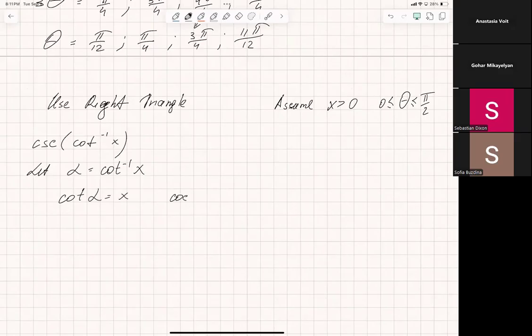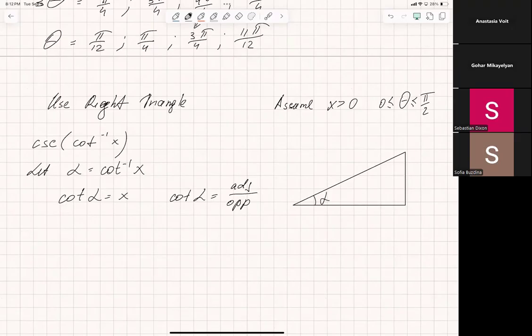Remember that cotangent alpha is adjacent over the opposite, right? If we're looking at the triangle, let's say this is my angle.